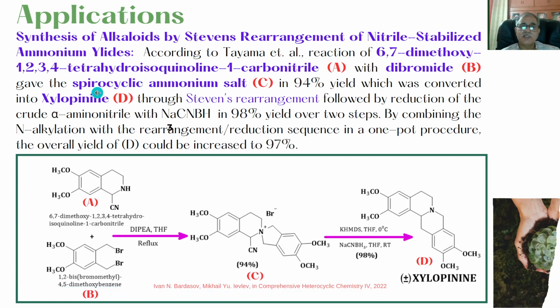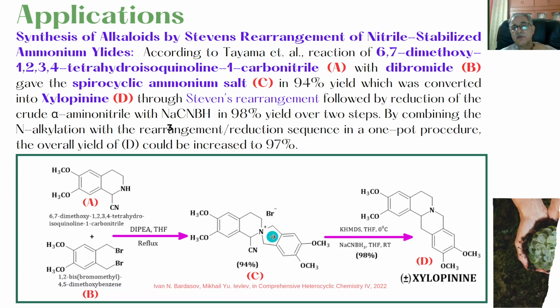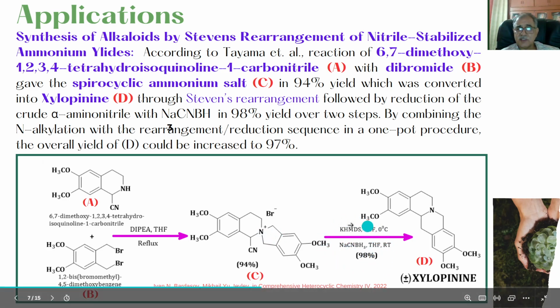So these spirocyclic ammonium salts, when reacted with base even at very low temperature, will be converted into the tertiary amines, and these tertiary amines in the presence of sodium cyanoborohydride will undergo ring expansion with the reaction on this cyanide group to get converted into this type of alkaloid, that is xylopinene, which will be formed as a racemic mixture.